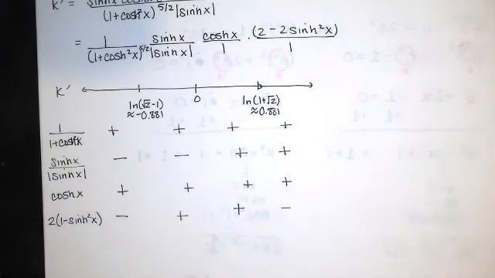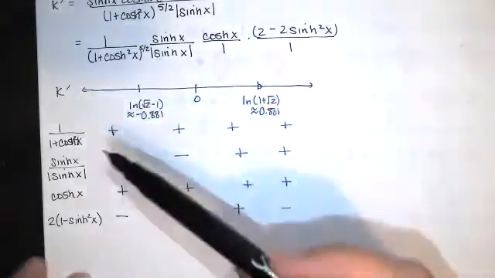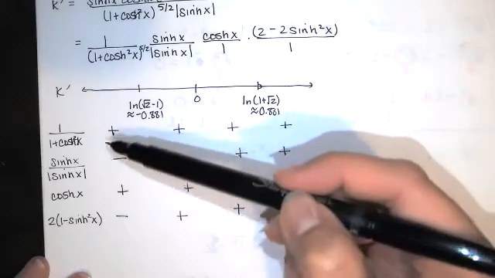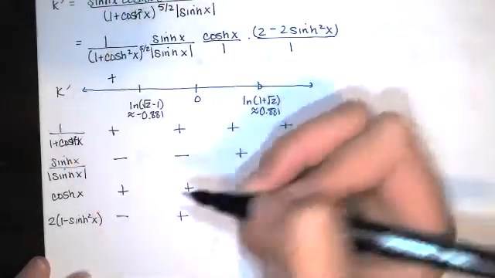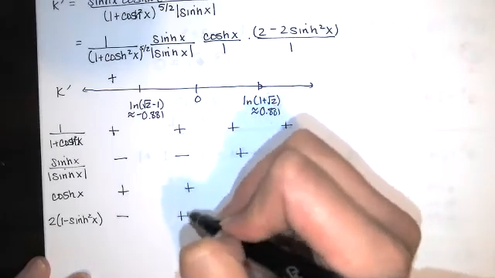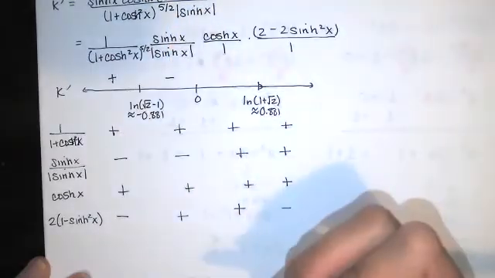Okay. All right, so if I want the sign of k prime, it is this times this times this times this. So two negatives become positive when you multiply them. And then on this interval, k prime is a positive times a negative times a positive times a positive, which would make that negative.